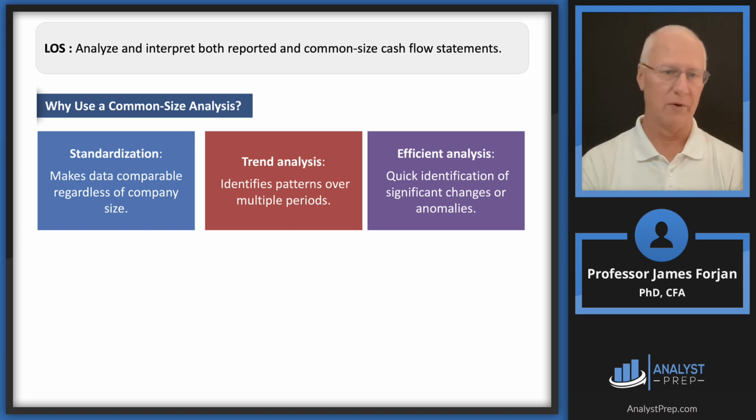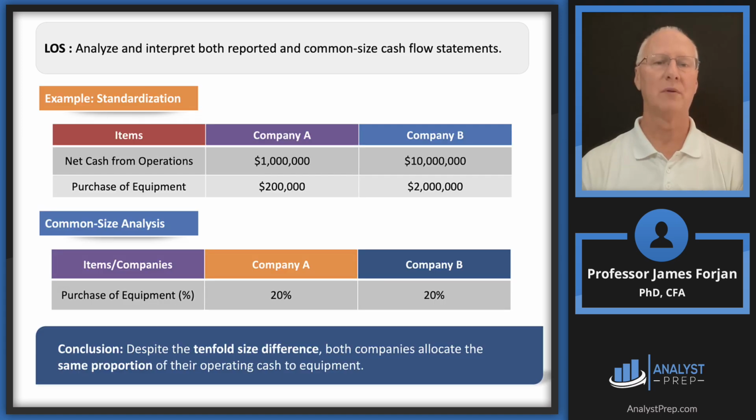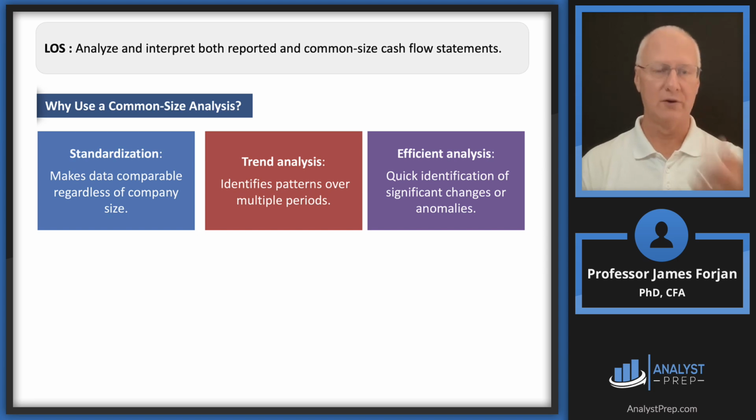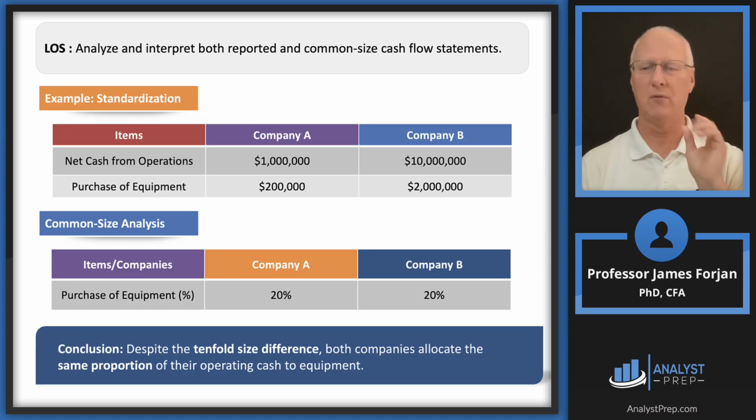So here's a good summary here. Why do we do this? Standardization, we did that. Trend analysis and efficiency analysis. So let's do a couple of quick examples here. So we're going to do standardization, trend, and efficiency, and we're just going to take simple examples. So go ahead and look at net cash from operations.